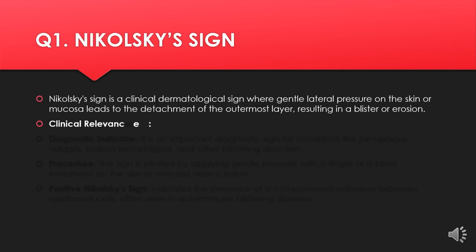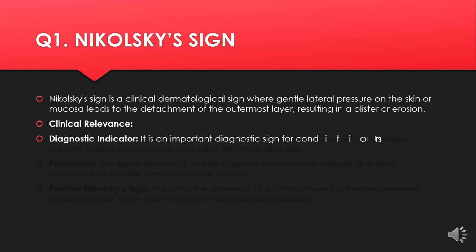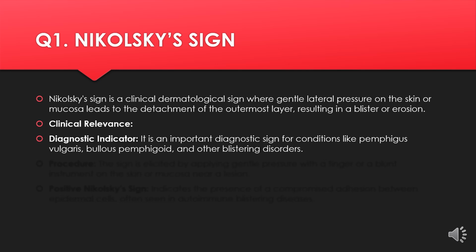Nikolsky sign is a clinical dermatological sign where gentle lateral pressure on the skin or mucosa leads to the detachment of the outermost layer, resulting in a blister or erosion. It is a diagnostic indicator for conditions like pemphigus vulgaris, bullous pemphigoid, and other blistering disorders.